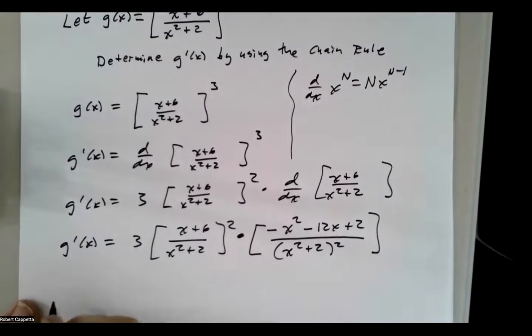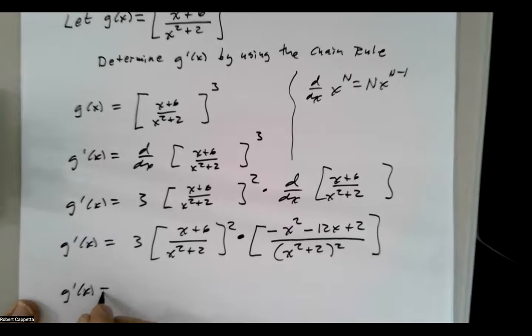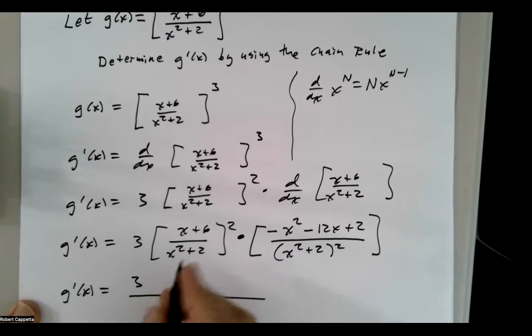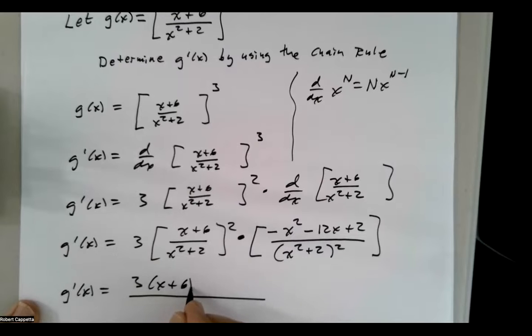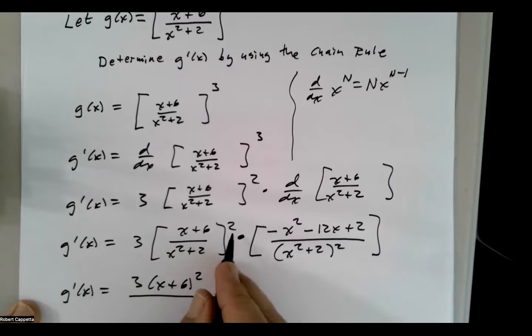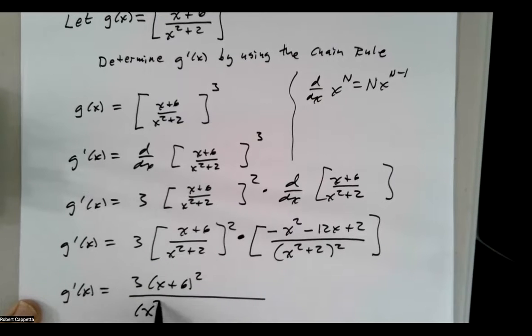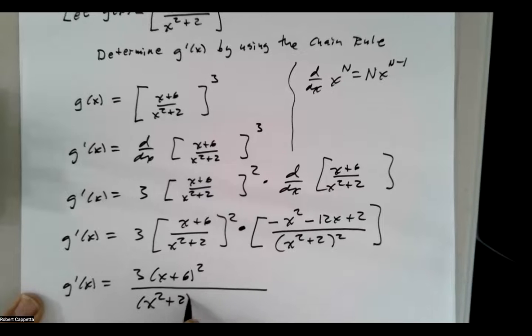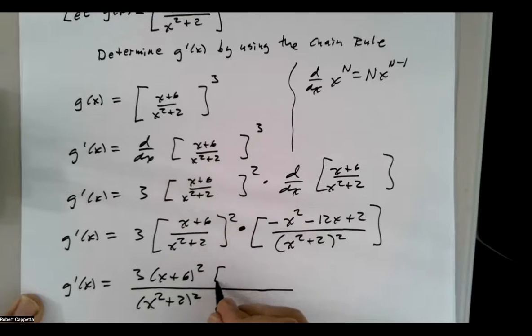Upstairs, 3 times (x plus 6) squared. Downstairs, (x squared plus 2) squared. Upstairs, negative x squared minus 12x plus 2.